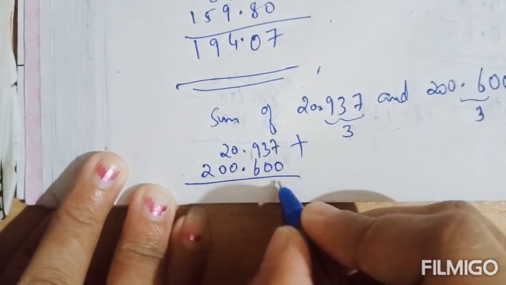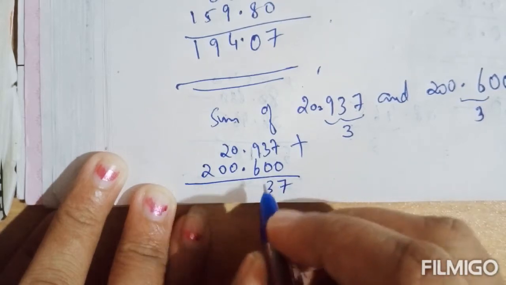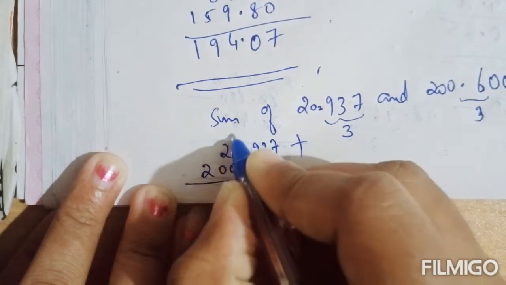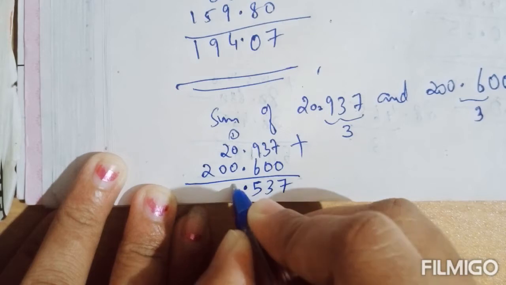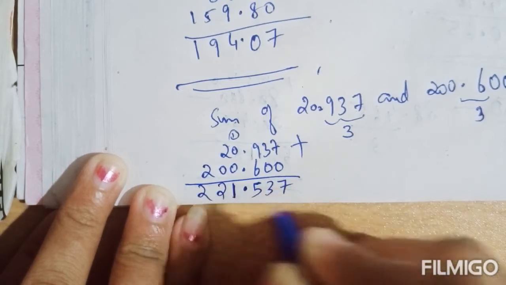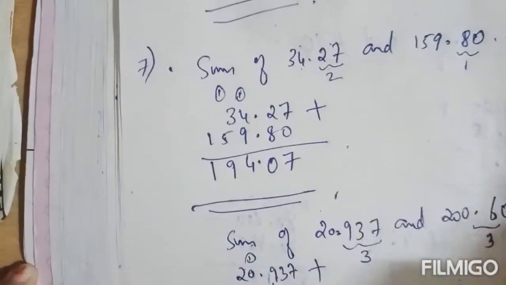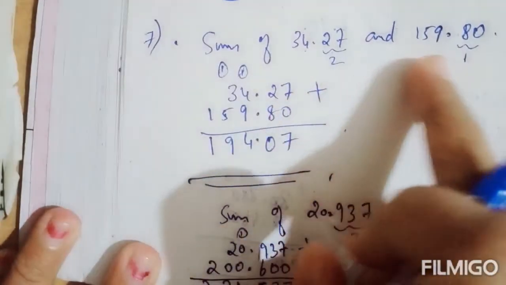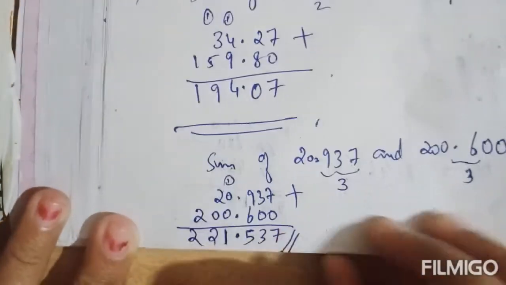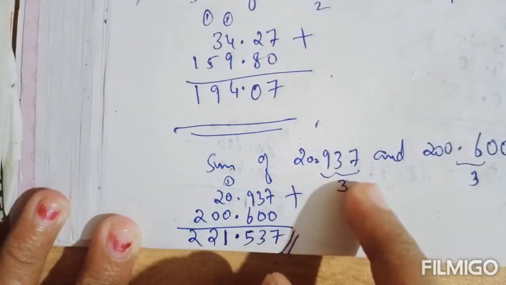So 7 plus 0, 7; 3; 9 plus 6, 15; decimal point; 221.537.